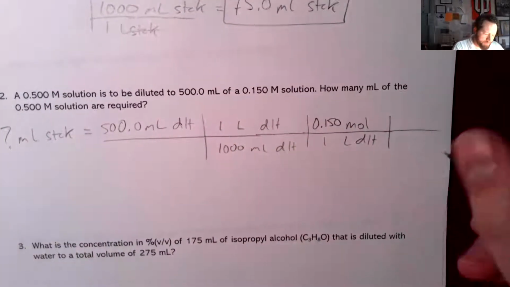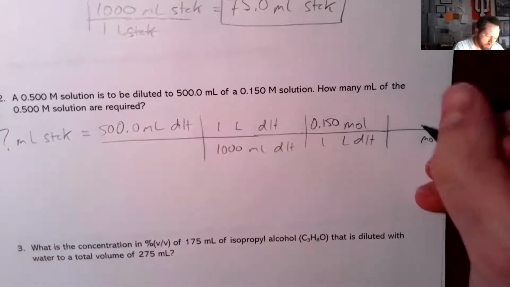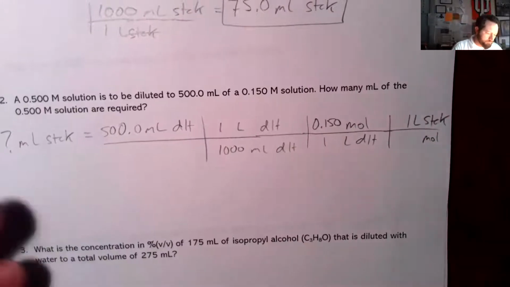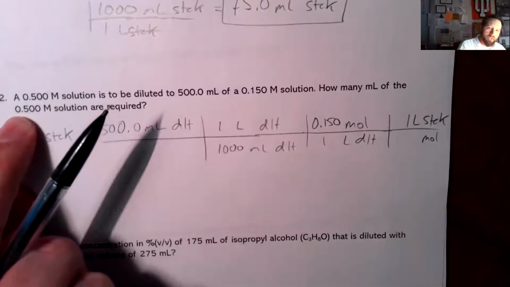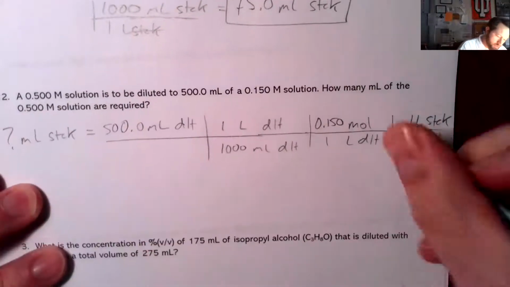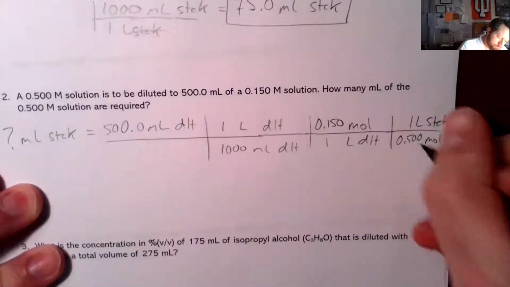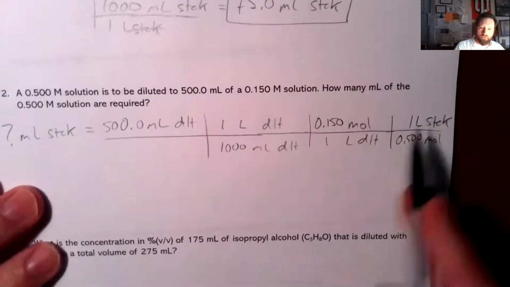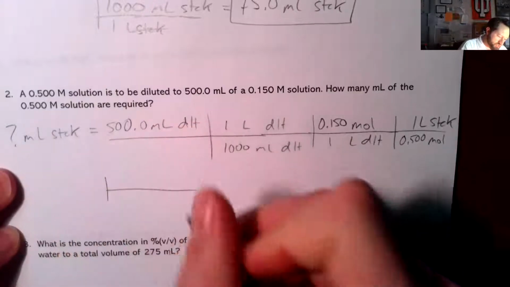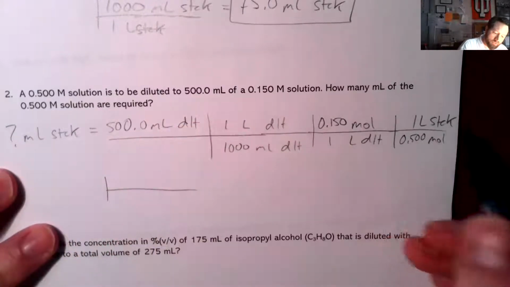Now they didn't tell us what moles we're working with, so I'm just going to leave it as moles this time. I know moles is going on the bottom. This time I'm going to go to liters of stock. It's 0.5 moles per liter. So 0.500 moles per liter, that's what that big M stands for. Final step, just like it was before, I don't want liters of stock.